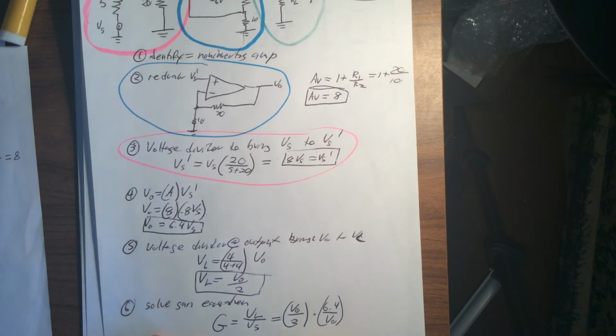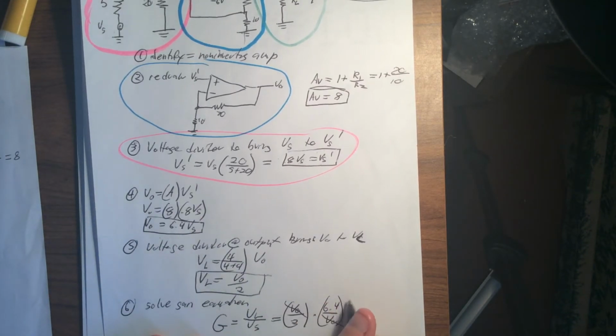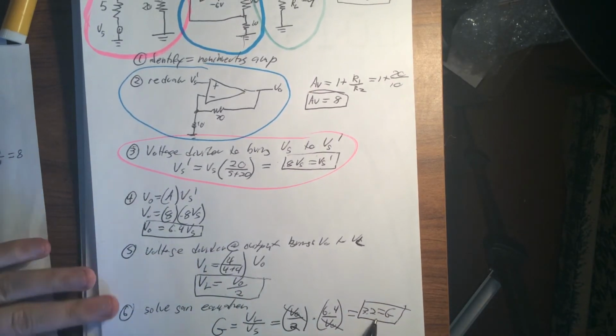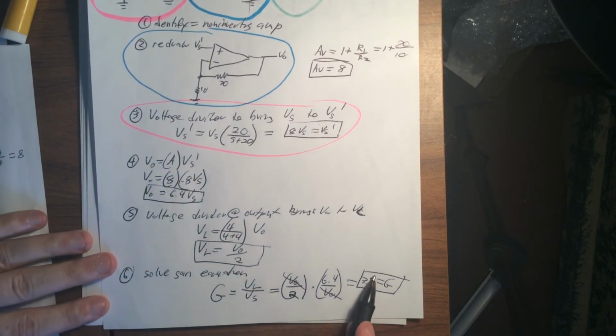This comes from this one. Our V0s are going to cancel. We got 6.4 divided by 2, and that's going to equal 3.2, equals gain, our total gain of the system. All right, so that's what we found as our total gain value there.